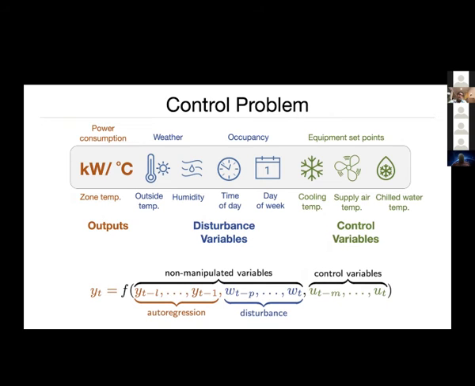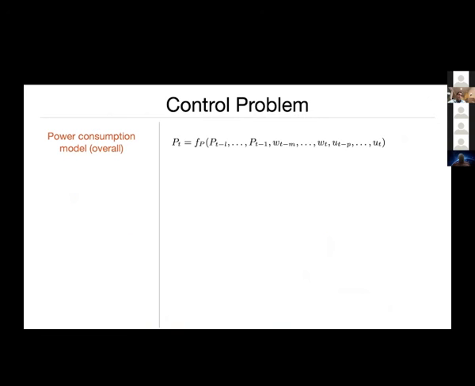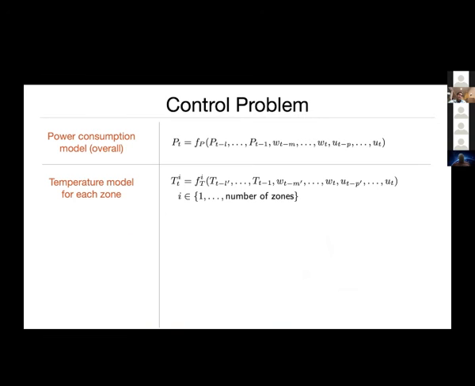And so we want to learn a model of that and be able to manage the peak, minimize the peak power consumption, or minimize the overall power consumption in some time.